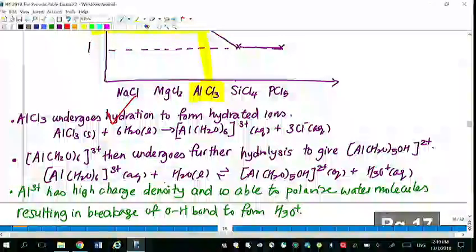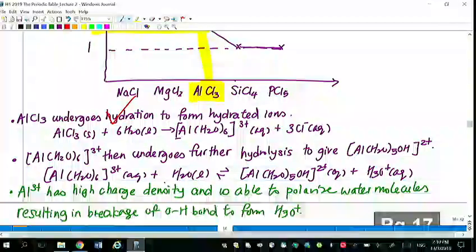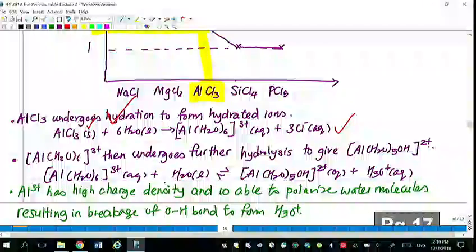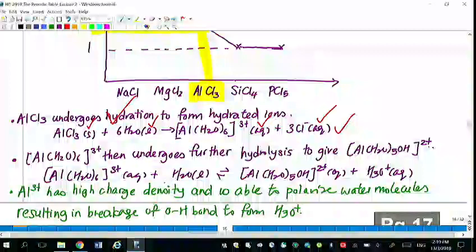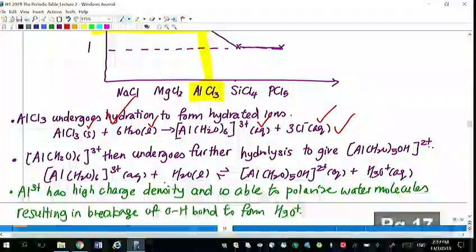Then next, I'll look out for the equation to represent the hydration of AlCl3. In this equation, you need to make sure that you include the state symbol, solid aluminum chloride. It will form the aqueous ions, Al3+ surrounded by 6 water molecules. So this is the first point I'll check.